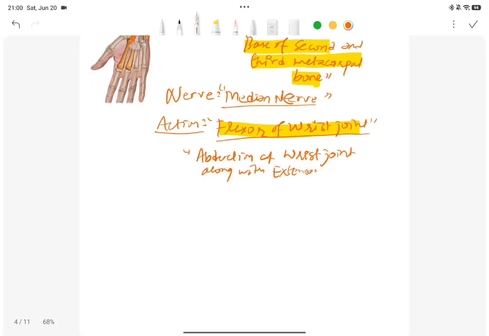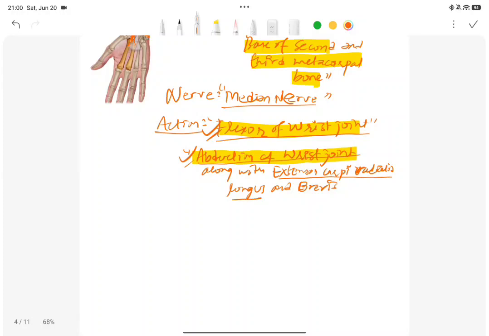So along with extensor carpi radialis longus and brevis, it also helps in the abduction of the wrist joint. The function of flexor carpi radialis is in the wrist joint itself. So it is a flexor of the wrist joint, and it is the abductor of the wrist joint along with the extensor carpi radialis longus and brevis.